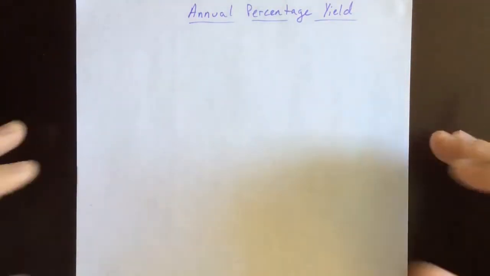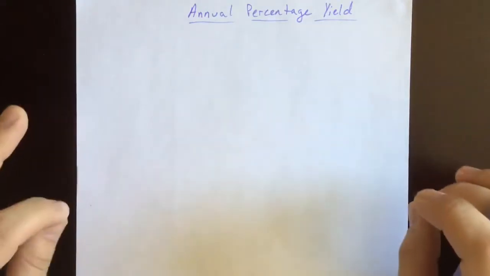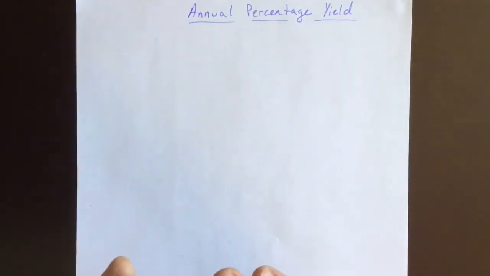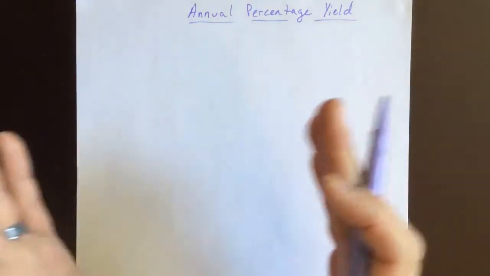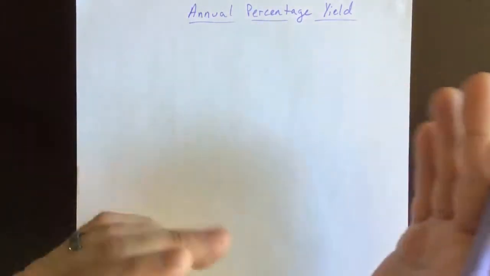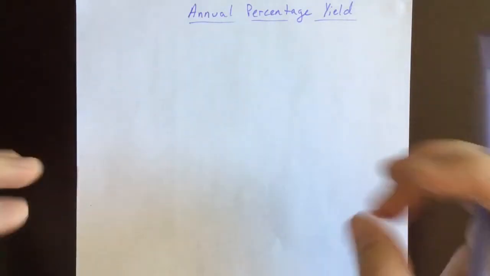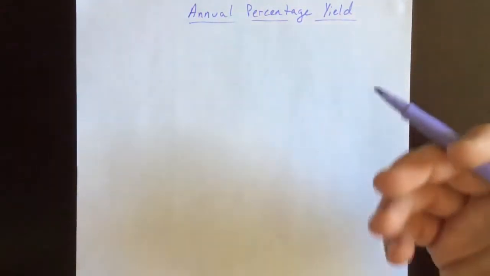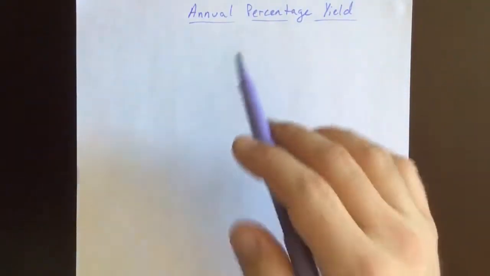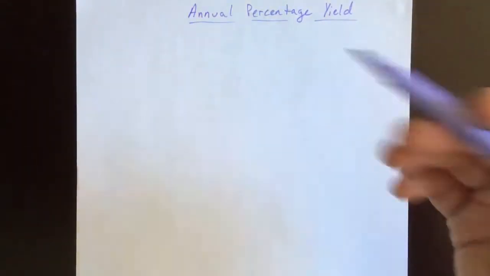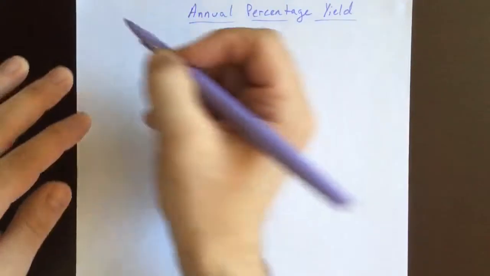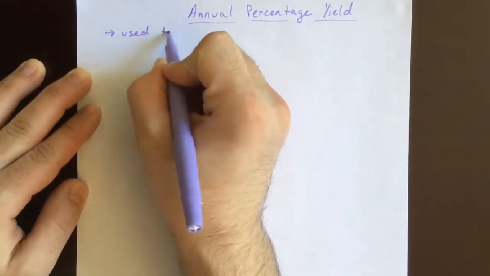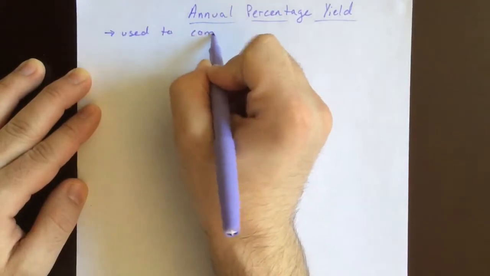And we ended the video by looking at a situation and determining which investment was more attractive, which investment was better. So there is actually something used to compare investments, and that thing is the annual percentage yield. So this is a tool for us, and it's used to compare investments.